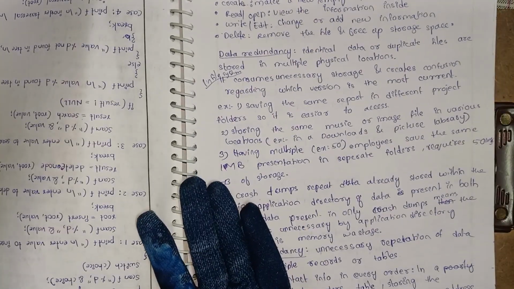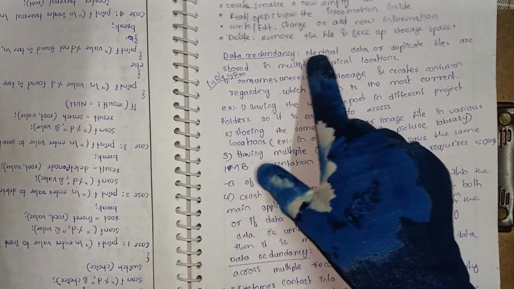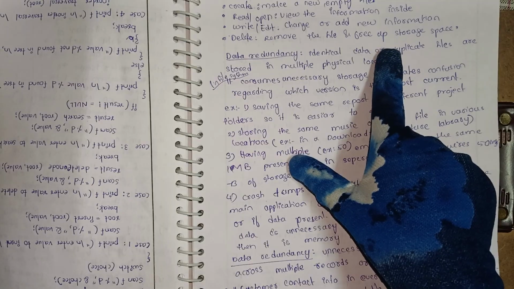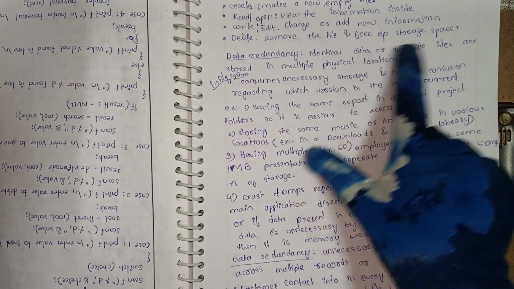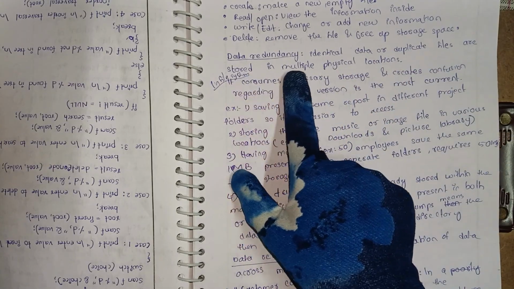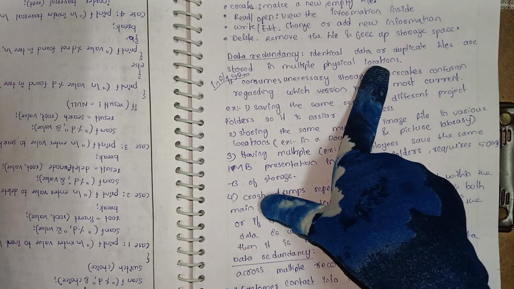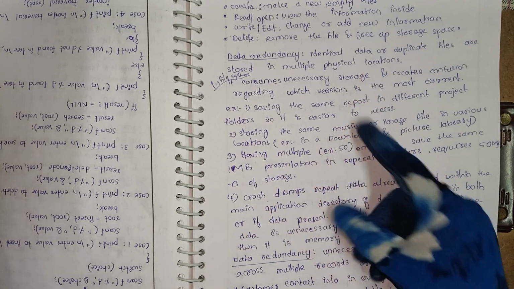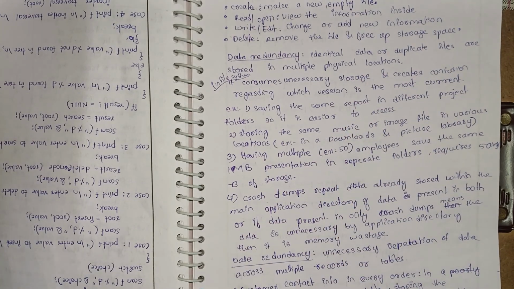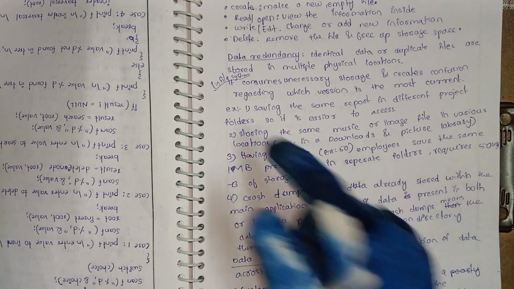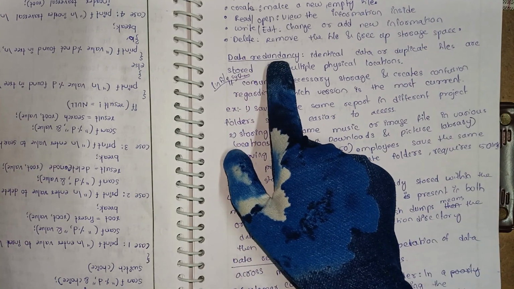Data redundancy: identical data or duplicate files are stored in multiple physical locations in a system. Those are called redundant data. This is the definition of data redundancy in a file system.